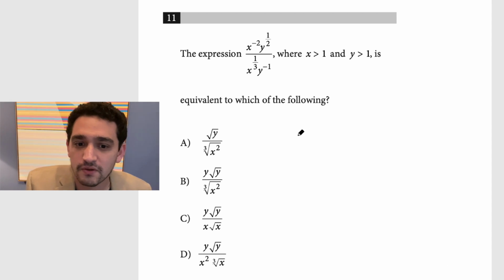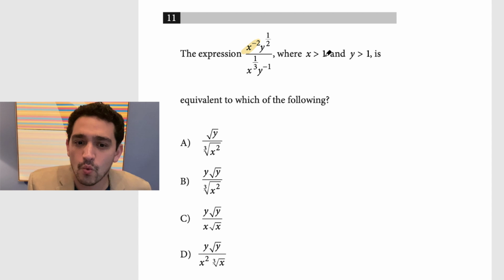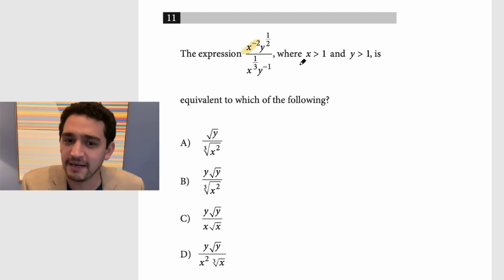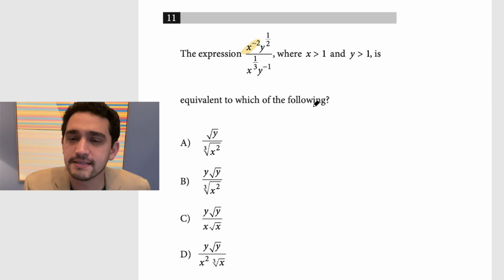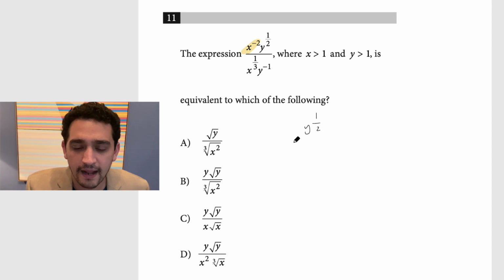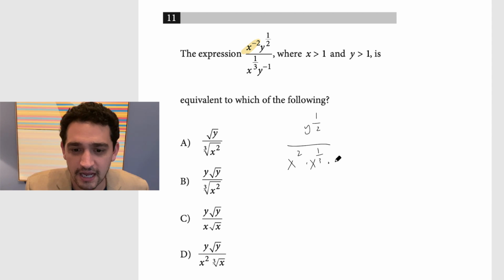Let's do that. We start by considering this x to the negative 2. We know we can move it down to the denominator and make it x to the power of positive 2. So let's do that. On top, all that's left is y to the 1/2. And on the bottom, we then have x to the power of 2, which is this, but made positive, times x to the power of 1/3 times y to the power of negative 1.